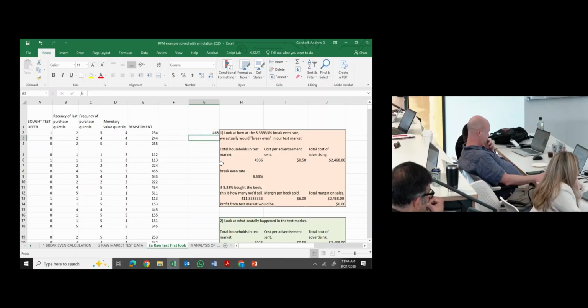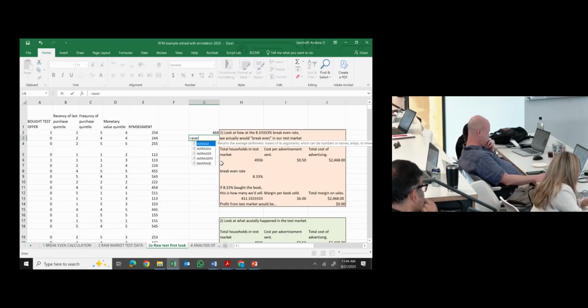I needed 8.3%. And then I can say, well, what is the average? Since these are ones and zeros, I can see that the percentage of people who bought books in the test market was 9.48%, which is above 8.33%. I must have made money, and in a second we'll look at that.